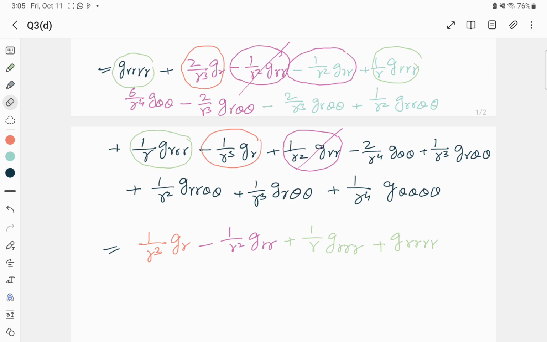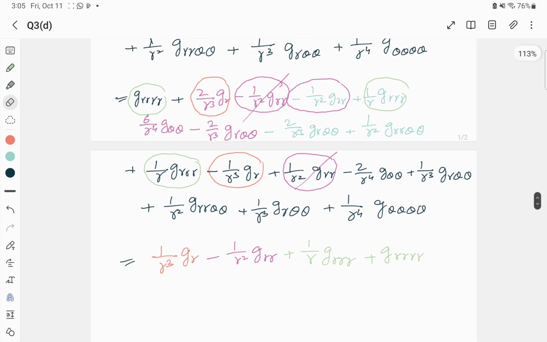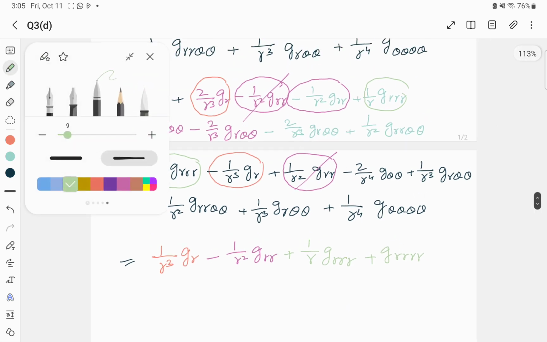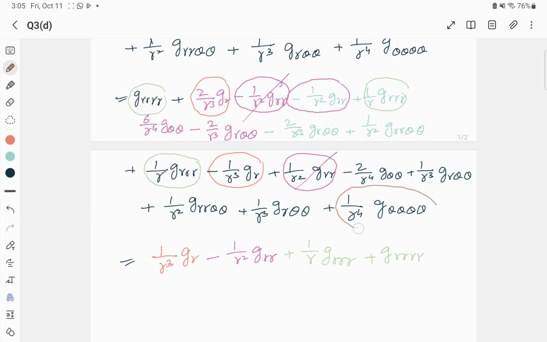Now I will start with theta, beginning with the maximum number of thetas. The maximum of theta, if we look, is over here, 1 over r to power 4 g theta theta theta. Now we will be looking at terms in which there are 3 thetas, if there is any term. But I don't find any term with 3 thetas. But now let's look at terms with double thetas, with only thetas, no r.